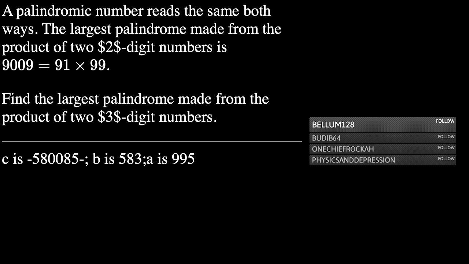It found the 2-digit one fine. Okay. Let's see, counter 0, counter plus. Let's put parentheses around this just in case, but I don't think that's what the problem is.